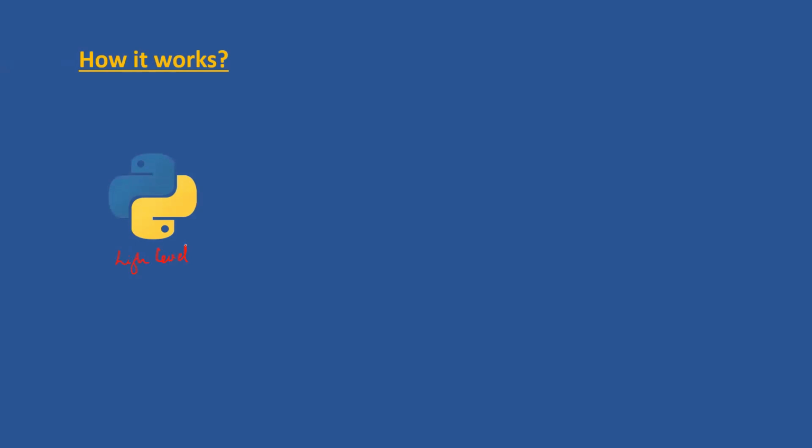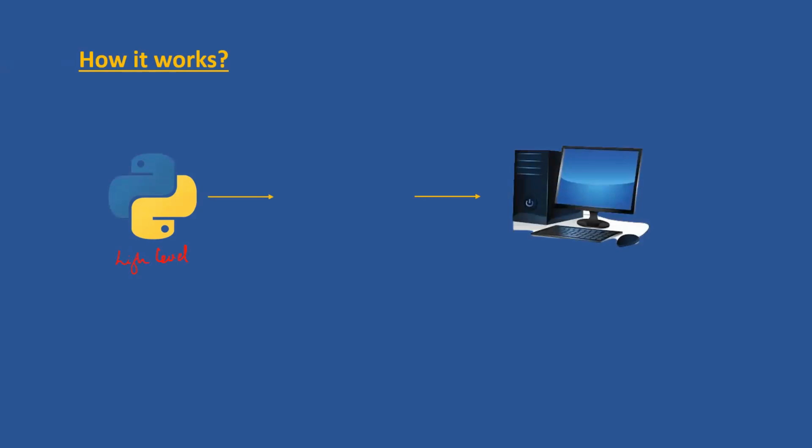Now, this high level language, we will be giving to the machine. When it reaches the machine, it will not be able to understand what we are saying, right? So in between, one more thing will come to convert our high level language to the machine level language, so whatever we write in Python will be converted to zeros and ones.